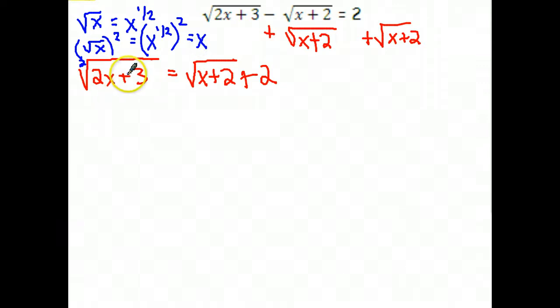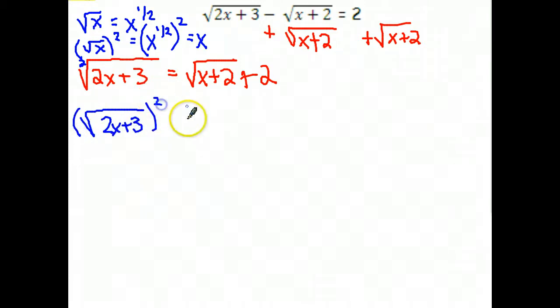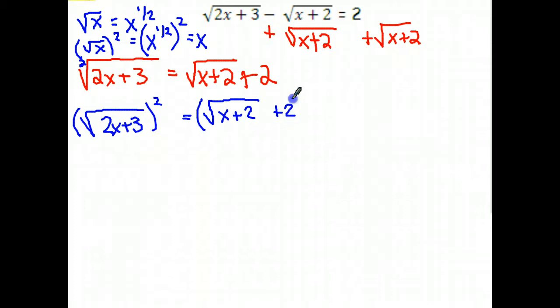So if I square this, I'm going to be left with just what's left under the radical. So let me rewrite that to show you. I'm going to square this side, and then I'm going to square the right-hand side. Squaring the right-hand side is way more complicated because of that extra plus 2 on the outside.